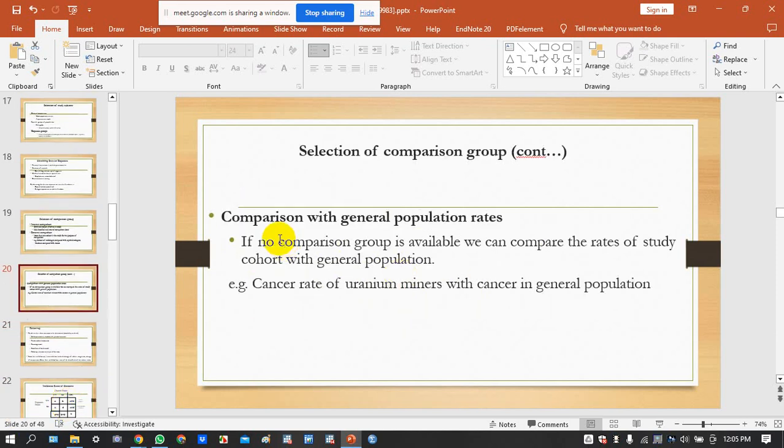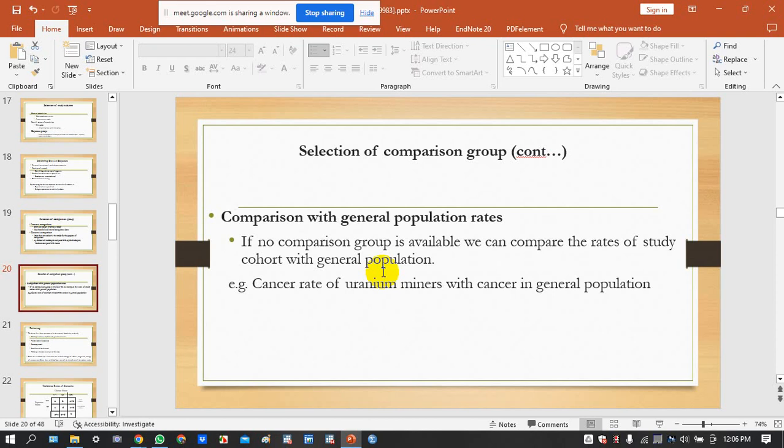We also look at comparison with the general population. If no comparison group is available, we can compare the rates of the study cohort with the general population. For instance, you conducted a study on prevalence of hypertension in Upper East, and you couldn't find any other study to compare your study to.